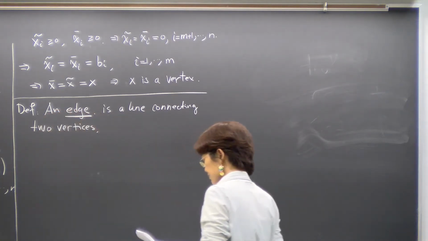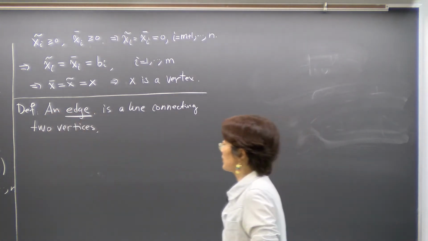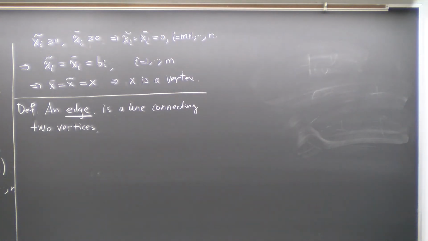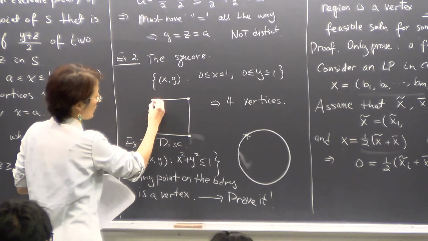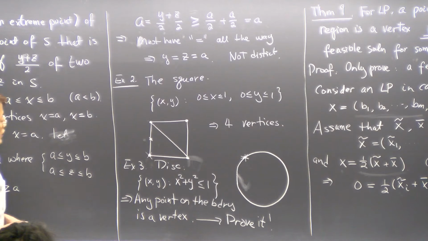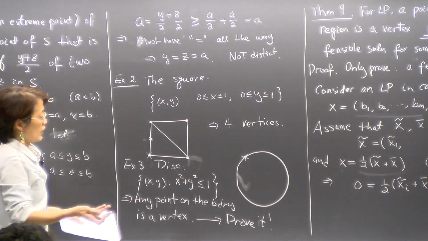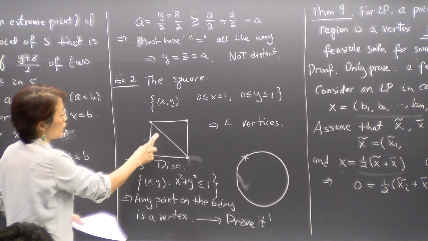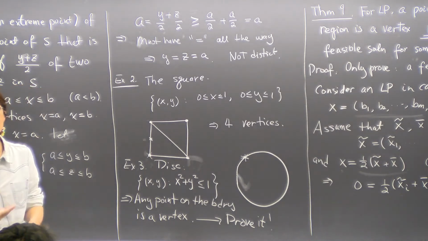But that's not enough, because going back to the unit square, if I pick these two vertices and connect a line through them, intuitively that's not an edge. That's going into the region.